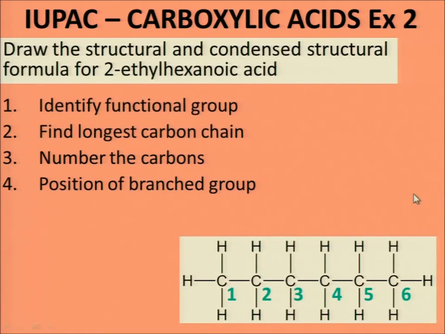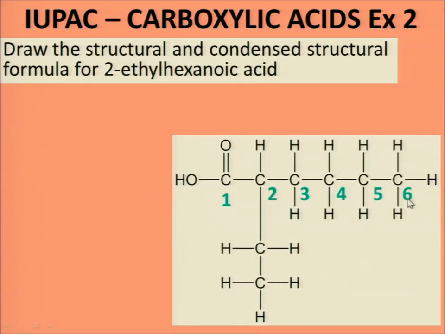Example 2. Draw the structural and condensed structural formula for 2-ethyl hexanoic acid. Now the first step is to just draw your 6 carbons because there's hex telling you there are 6 carbons. Then the next step is to add your substituents. Therefore, an ethyl group at carbon 2.